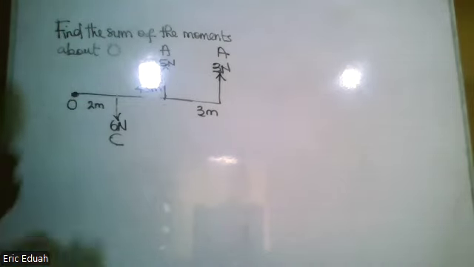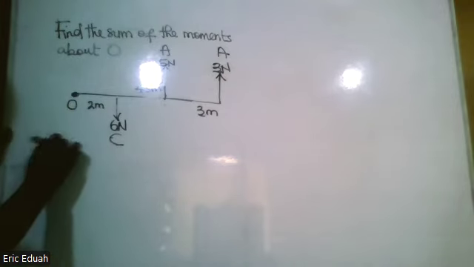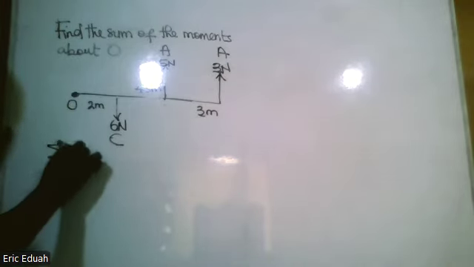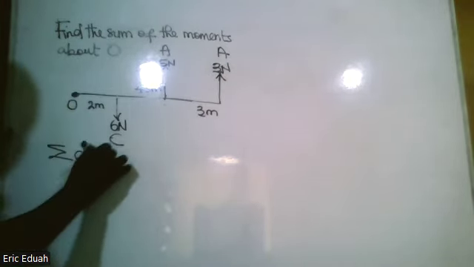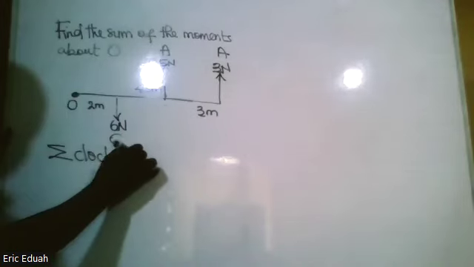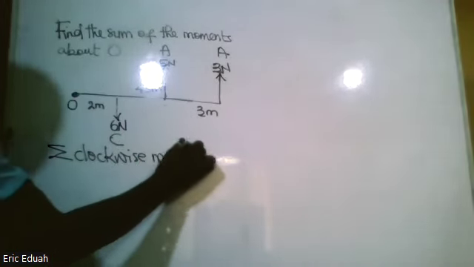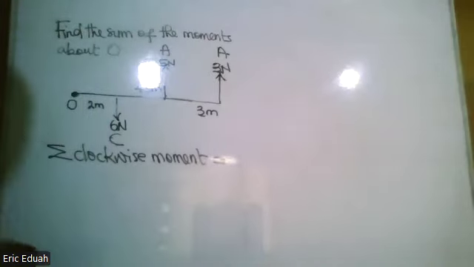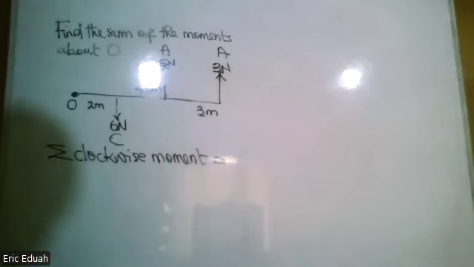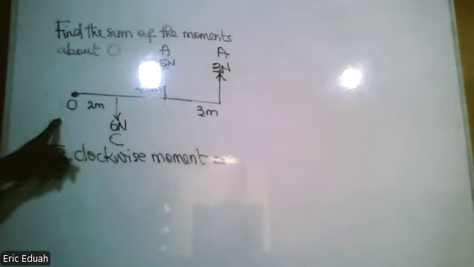Okay, so let's calculate the sum of clockwise moments. For clockwise movement, we have only one, the 6 Newton. Moment is force times the perpendicular distance from the pivot.